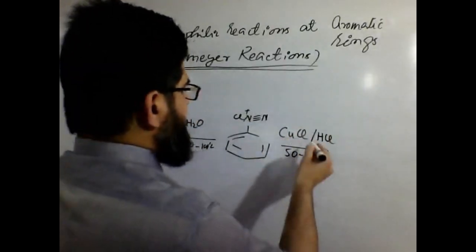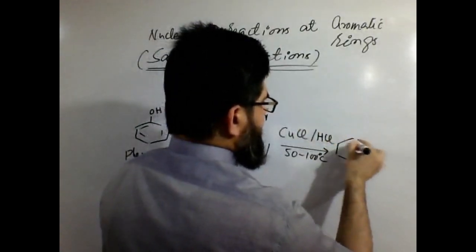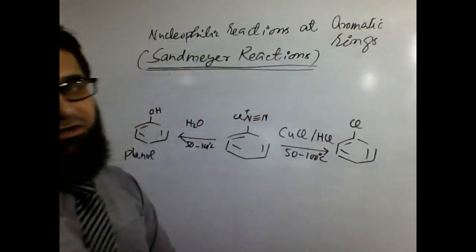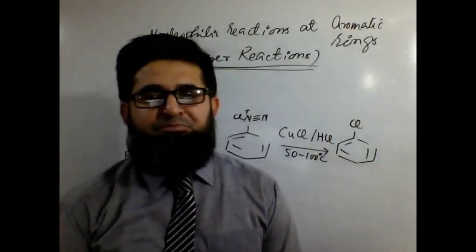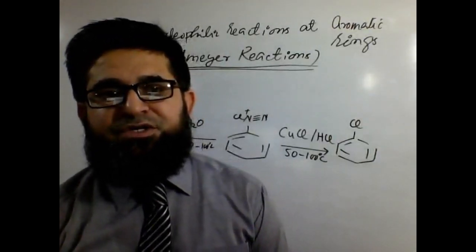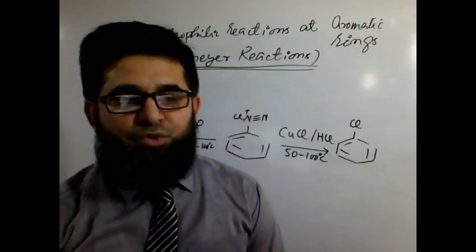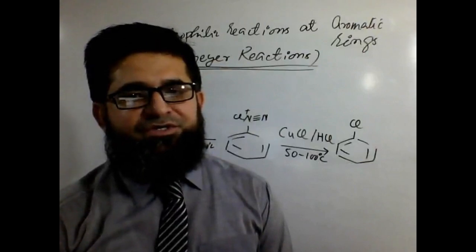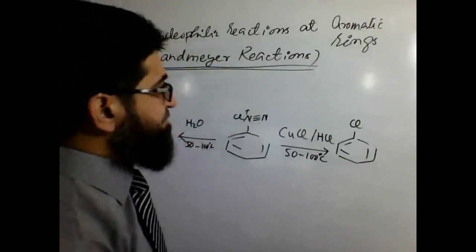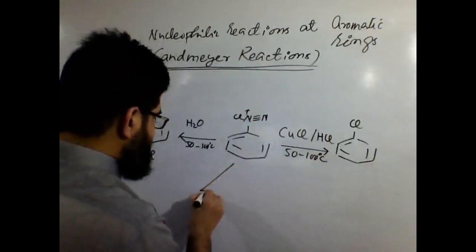Yes, we will have benzene substituted with chloride, chlorobenzene, which means the benzene has undergone a nucleophilic substitution. One of the protons, through the diazonium salt formation, has been removed and a chloro group has been placed. So it's one of the very well-known reactions.